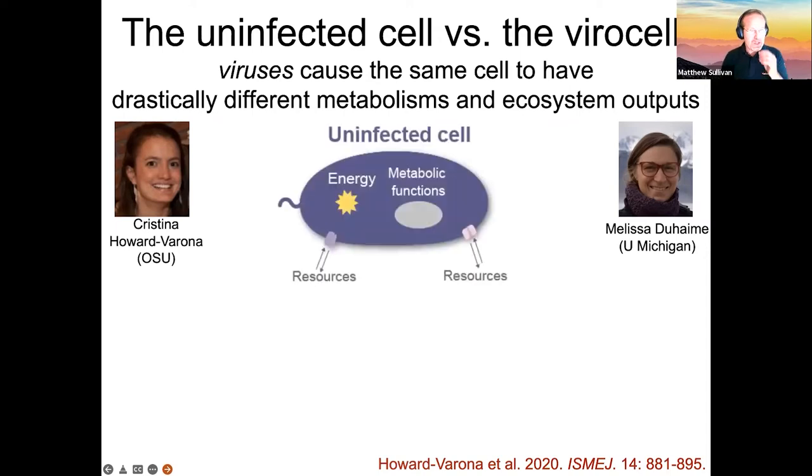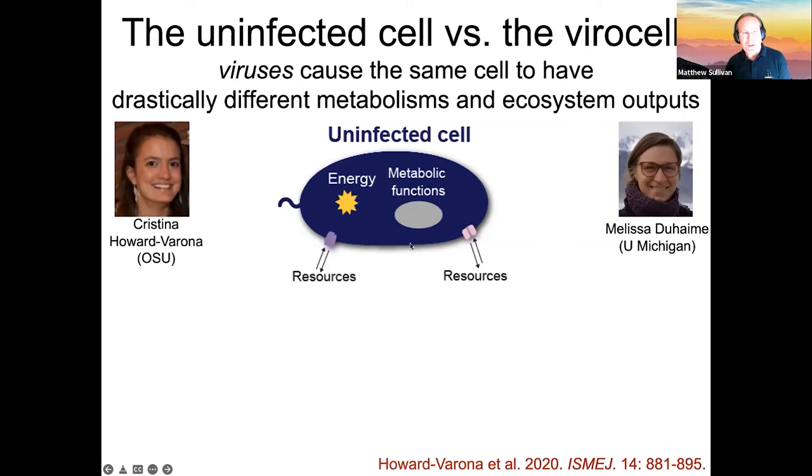And so we used time-resolved multi-omics analyses to look at this, and we have data from that to be able to quantify what the uninfected cell looks like with respect to energy, metabolic functions, and uptake and output of resources of different types.